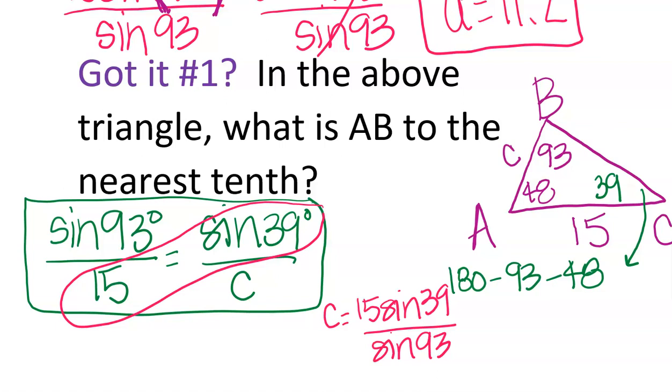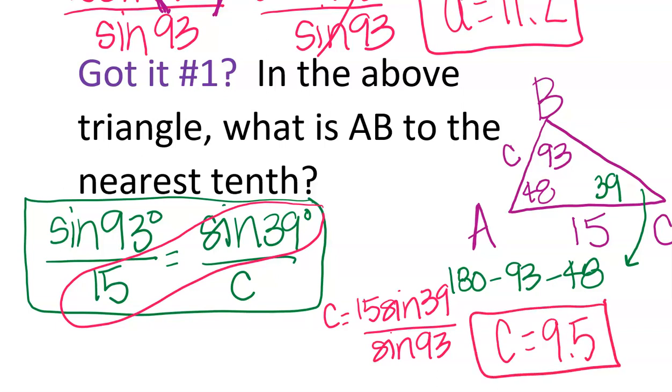And what did you guys get? 9.5 is correct. So C is about 9.5. One other thing is that you can kind of tell if your answer is right or wrong. 93 is the biggest angle in the triangle. Do you remember when we put these in order, smallest to biggest, and then compared the sides, smallest to biggest?